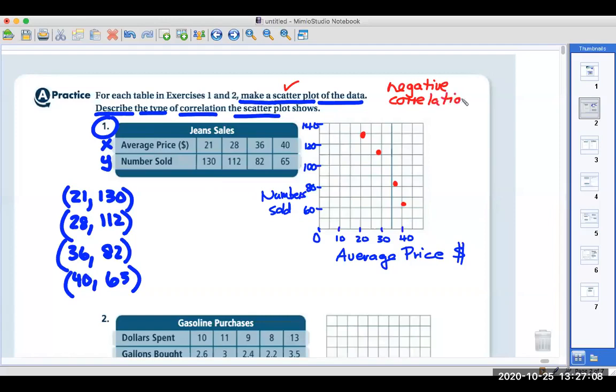So what that means is the higher the price, so as your price gets higher, your number sold gets less. The higher the price, the less items you sell.